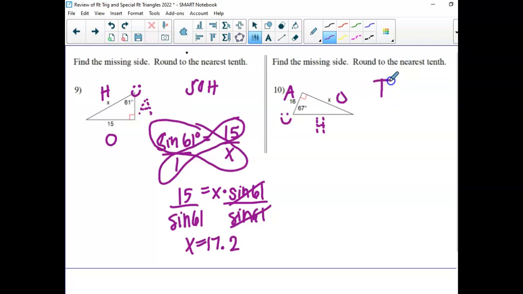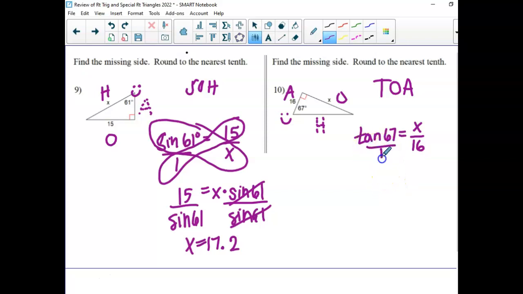SOHCAHTOA, TOA, tangent, uses O and A. Everybody okay with where I'm getting that? And then you're going to write the tangent of 67 degrees equals opposite. What's on the opposite side? Our x, right? Over adjacent, and the adjacent was the 16. Everybody okay with that part?